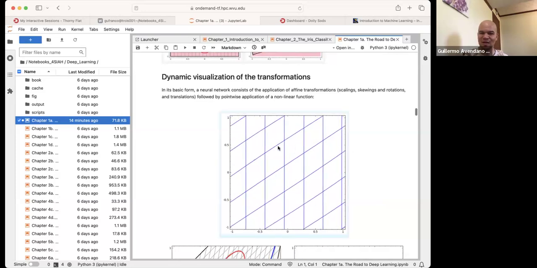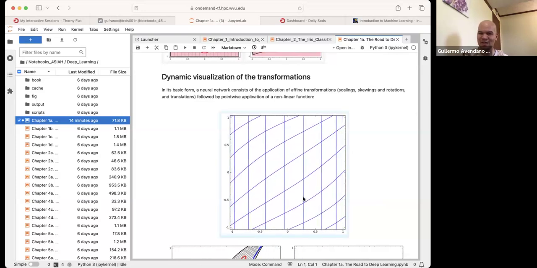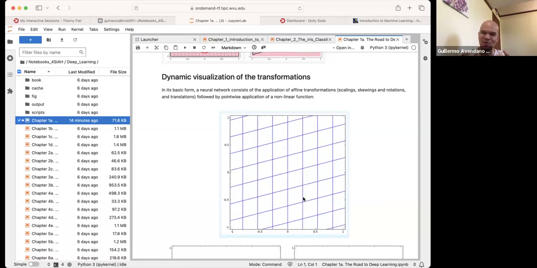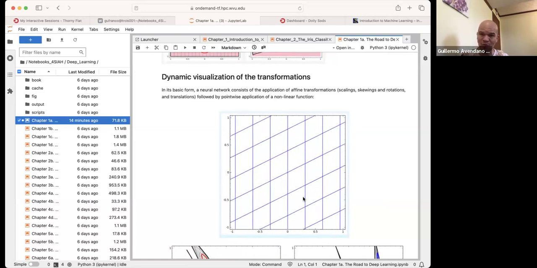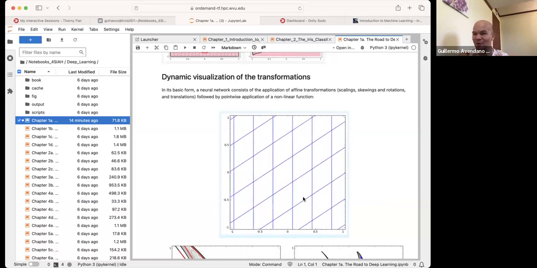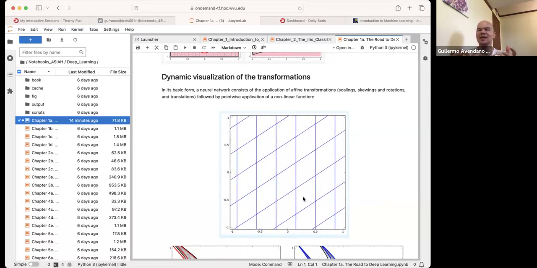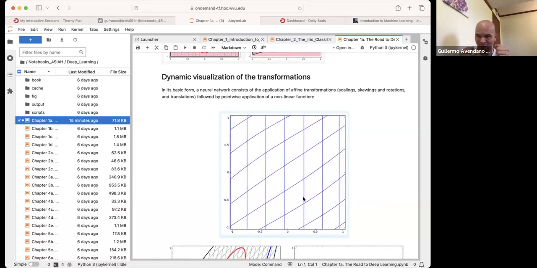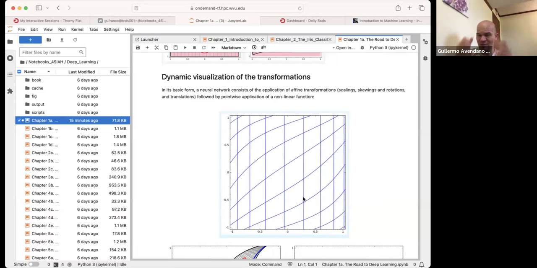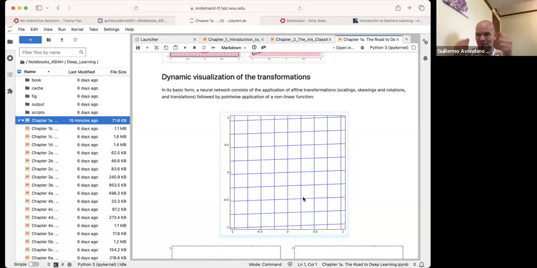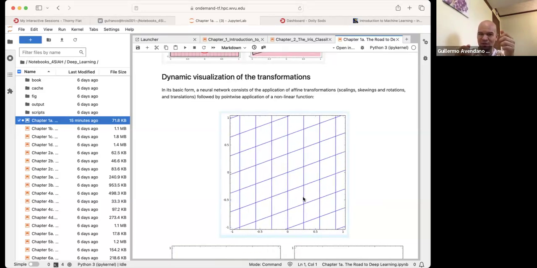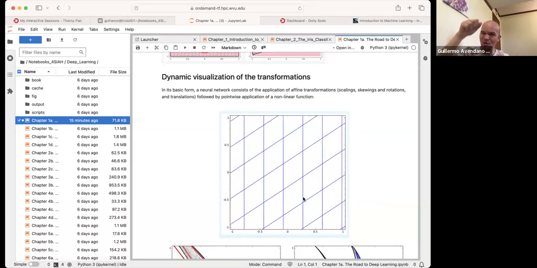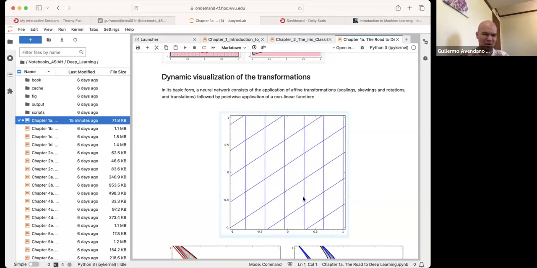So here, what I'm doing is presenting a very graphical representation of the kind of things that you do first with the linear part. What is linear algebra capable of doing? Well, linear algebra is capable of stretching and introducing some skewings, rotations. All that is linear algebra.